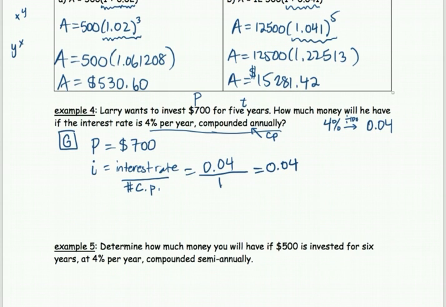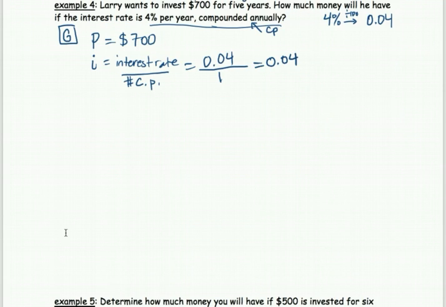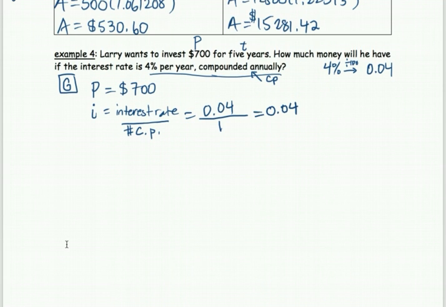Then we need to figure out the N value, which has to do with the number of times. N is, remember, the number of compounding periods times the number of years.